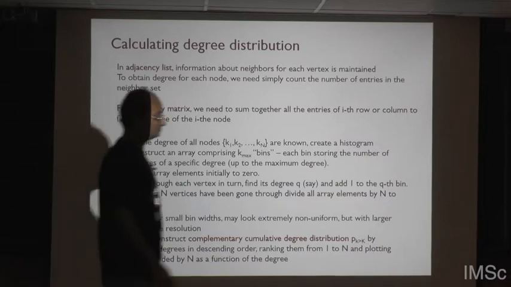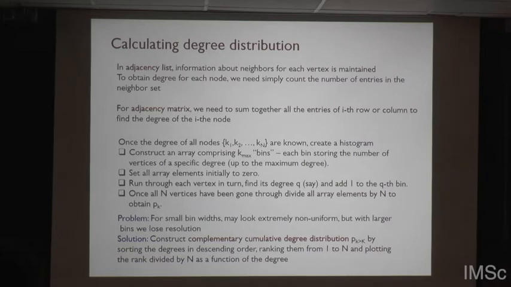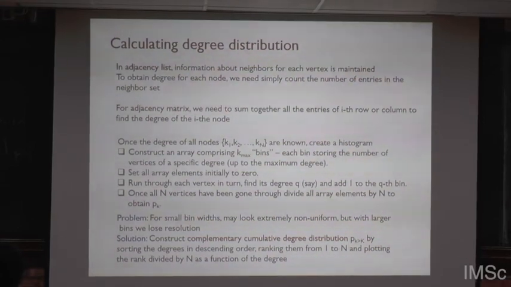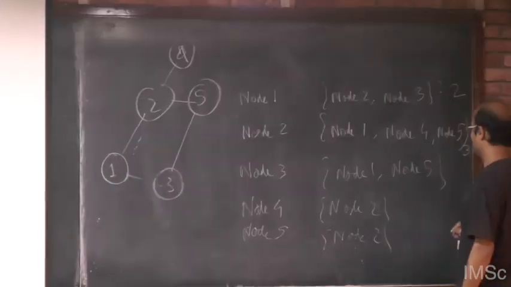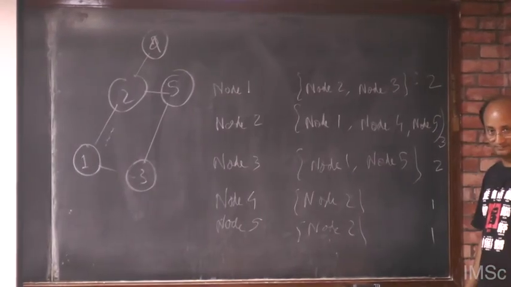Okay, so let's take this example. Let me just write down node 5 is node 2. So you have this adjacency list. The first step would be you ask how many entries are there in the list. So this is 2, this is 3, this is 2, this is 1, this is 1.